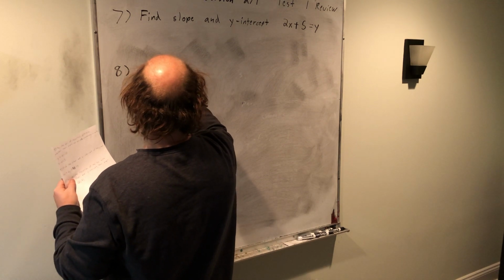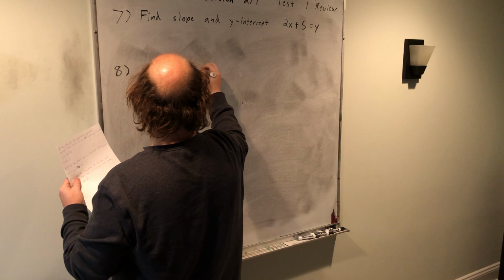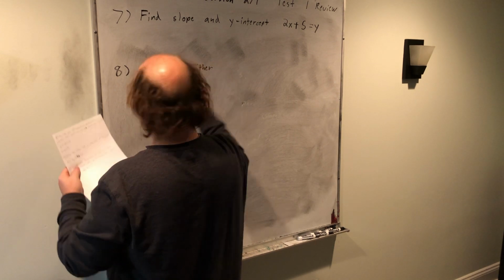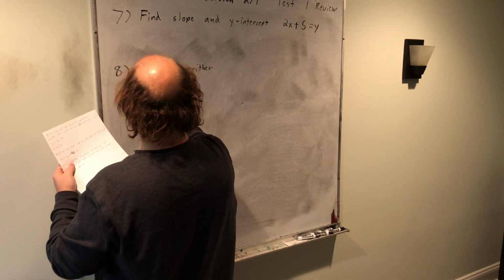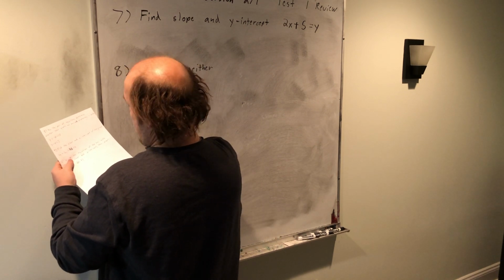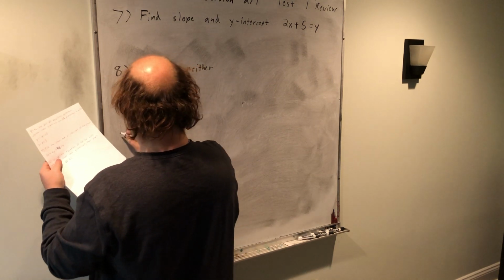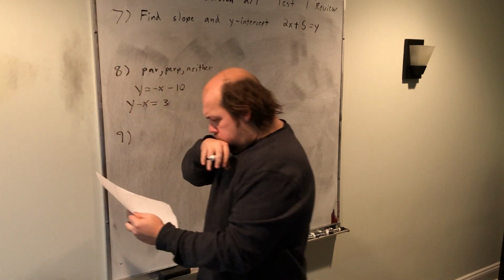Another one where we're finding parallel, perp, neither. This time we're given 2 equations. Y equals -x minus 10 and y minus x equals 3.